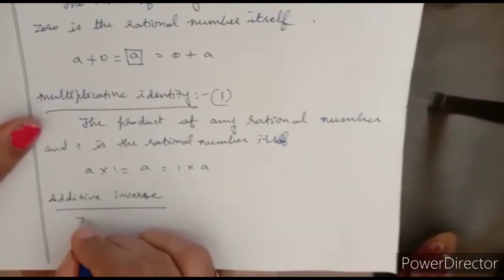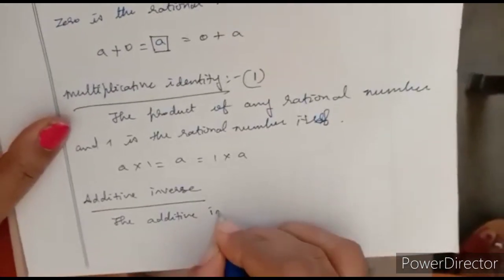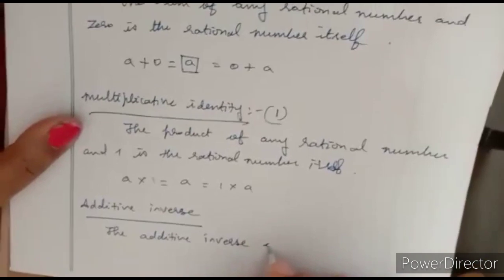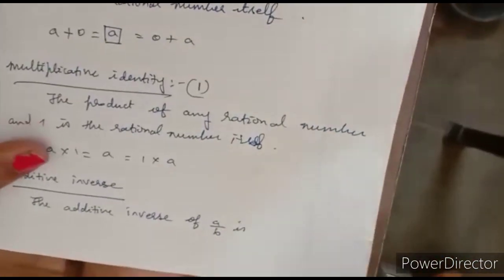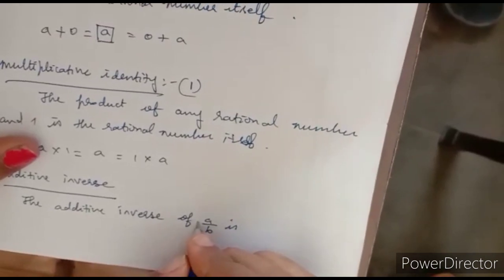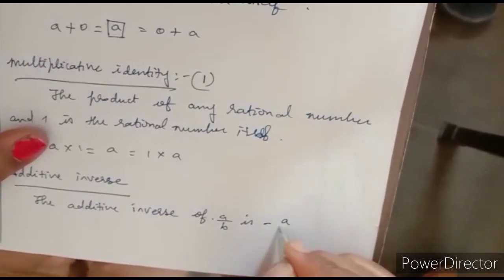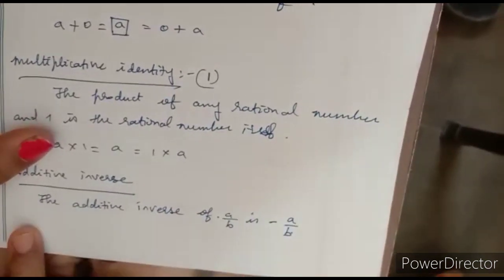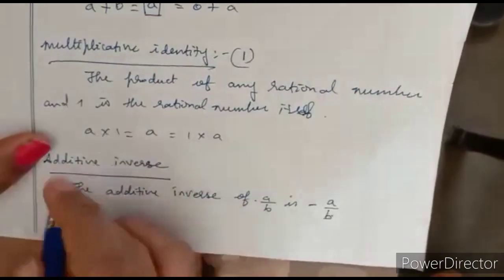Now, additive inverse. The additive inverse of a by b is, just you have to change the sign. If a plus is there, then you have to write the minus. Minus a by b. Therefore, the additive inverse of a by b is minus a by b.